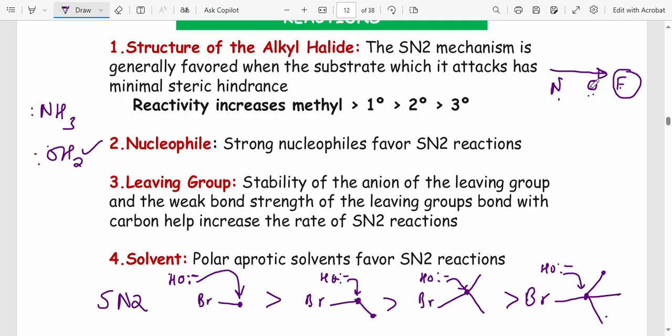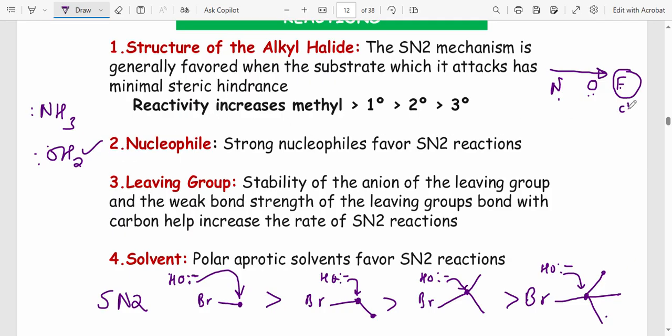So that explains why water ends up being a stronger nucleophile. It's because of the stability of the anion that will be formed.